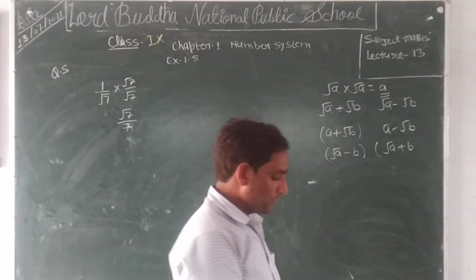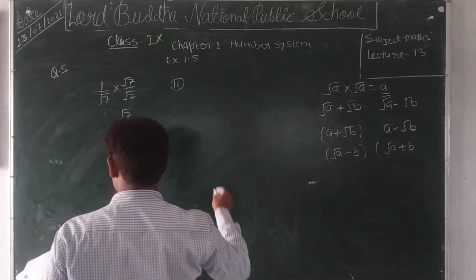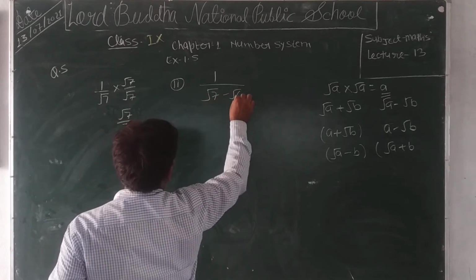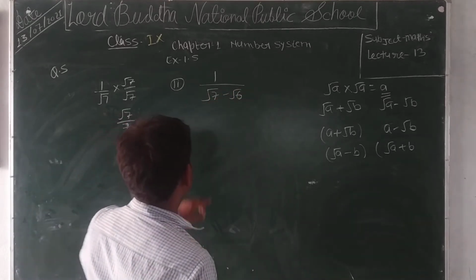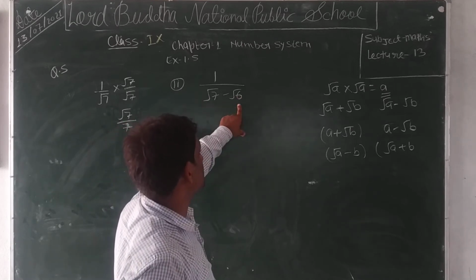Now we see the second part. The second part is 1 upon root 7 minus root 6. We see that this is an irrational number because root 7 is irrational and root 6 is irrational.